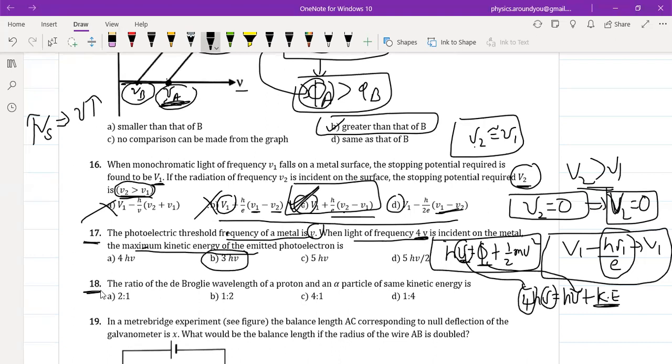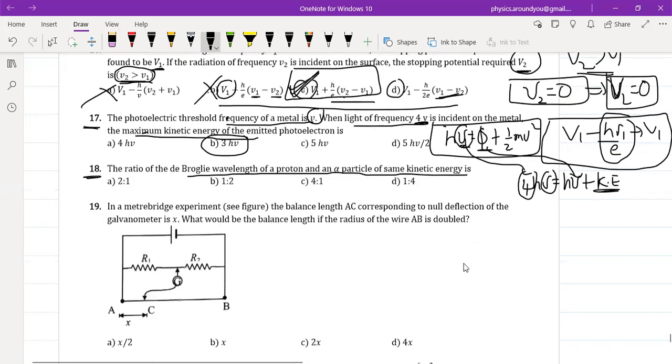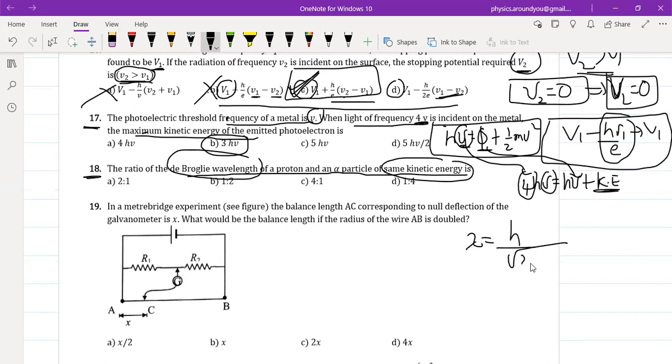The 18th question. Ratio of the de Broglie wavelength of a proton and alpha particle having the same kinetic energy. We will use the appropriate form. Which form of de Broglie wavelength can be expressed in terms of kinetic energy? Lambda equal to h by square root of 2m times kinetic energy. So I can say that for the same kinetic energy, lambda is inversely proportional to square root of m.